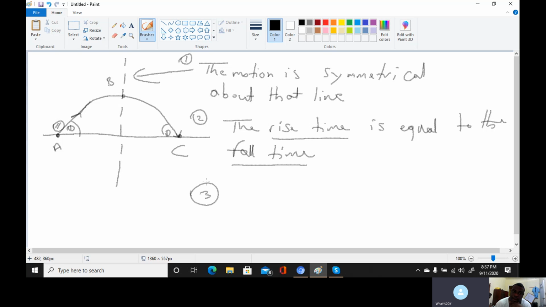The next thing, very important, is the vertical motion of the ball. Watch carefully. The ball leaves the ground, it goes all the way up, and it comes back down to the ground. So you see the vertical displacement. What do you think the displacement would be?